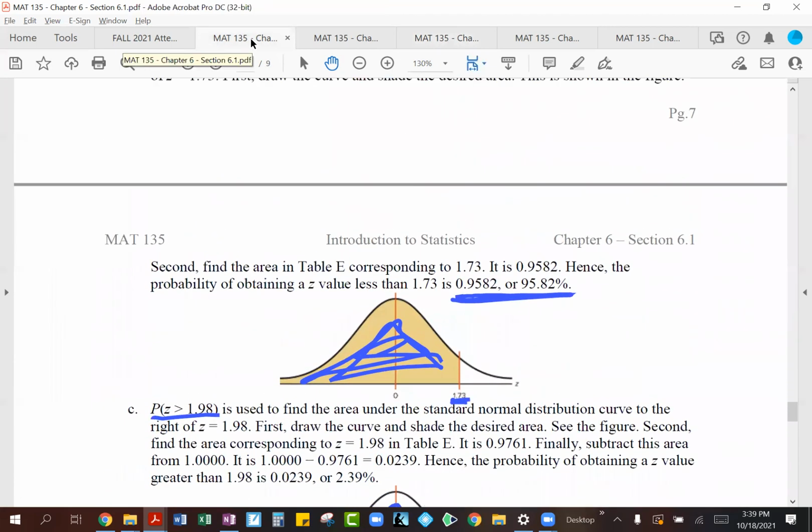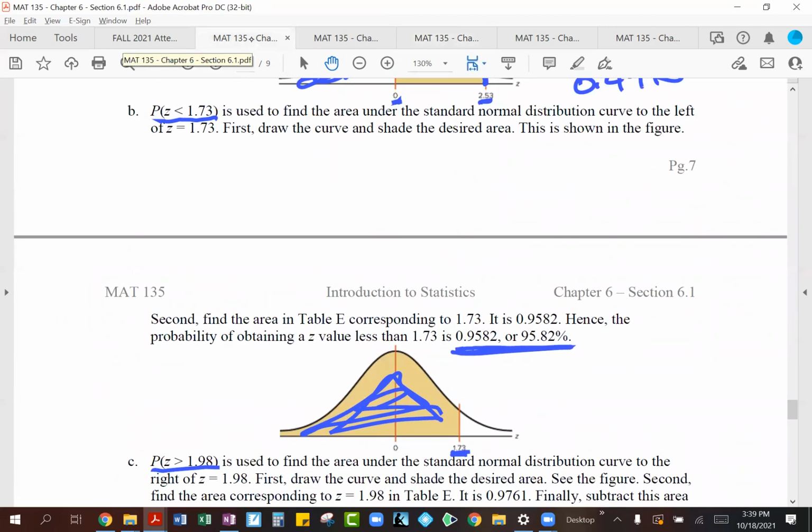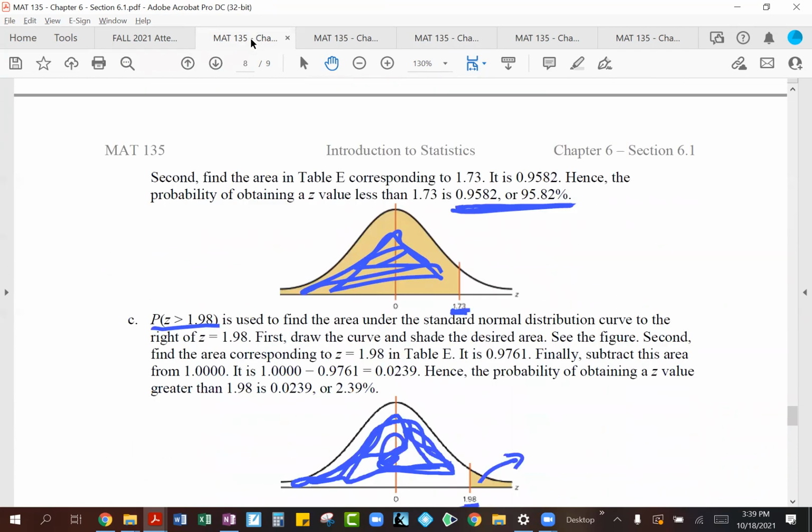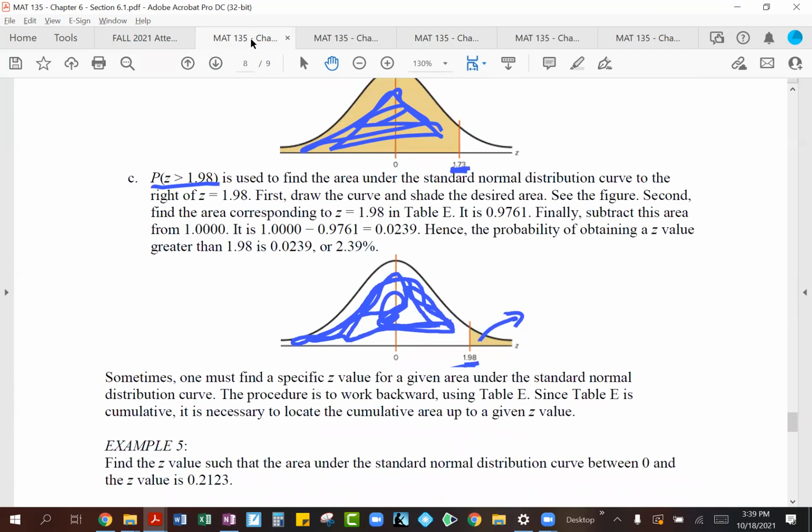That's the reason why in part B, you didn't have to do any calculation. You just got the number off the table and you were good to go. But because in part C, they're giving you the area greater than, and the table by default gives you the area to the left, this was the area which was 0.9761. Well, I'm interested in the area to the right-hand side.